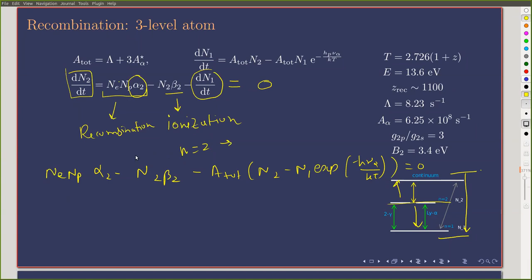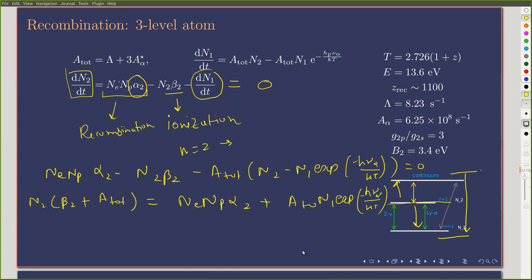And we solve it for N2, keeping the terms with N2 on one side. Is that fine?